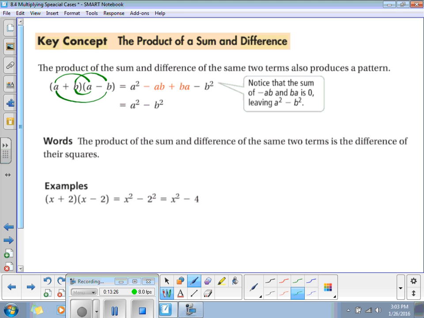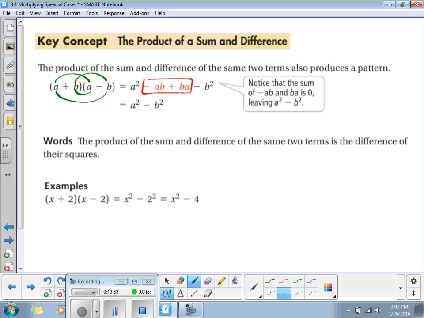And then a positive B times a negative B gives me a negative B squared. And of course, look at what happens to that. It cancels out because those are inverses of each other, correct? So our final answer here is A squared minus B squared.